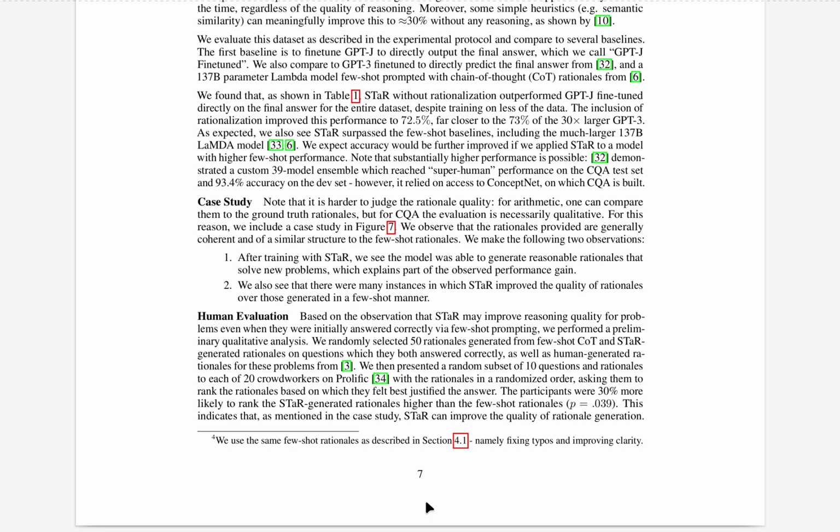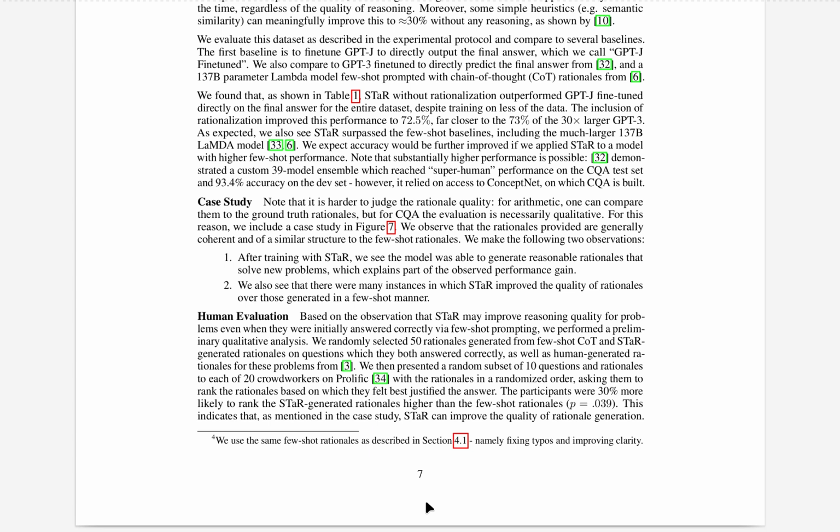We then presented a random subset of 10 questions and rationales to each of the 20 crowd workers on Prolific, with the rationales in randomized order, asking them to rank the rationales based on which they felt best justified the answer. The participants were 30% more likely to rank the STaR-generated rationales higher than the few-shot rationales.